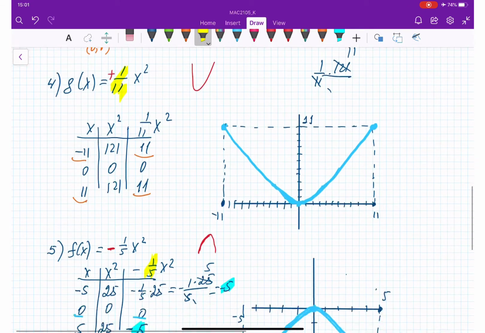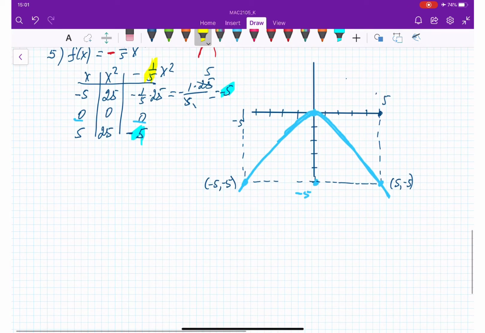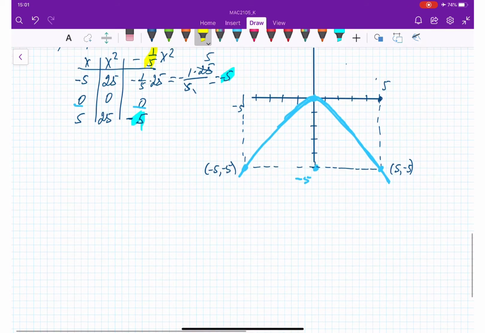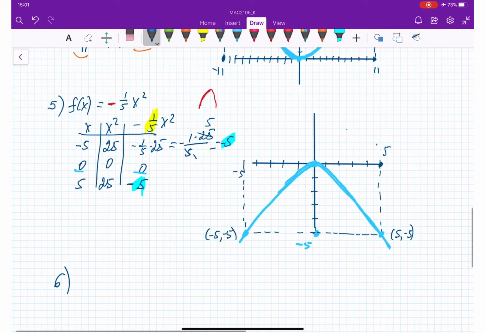Okay? All right, moving to question number 6. Oh no, we need to do some other things. Let's also identify the following things. Determine the transformation that need to be applied to x squared to graph.